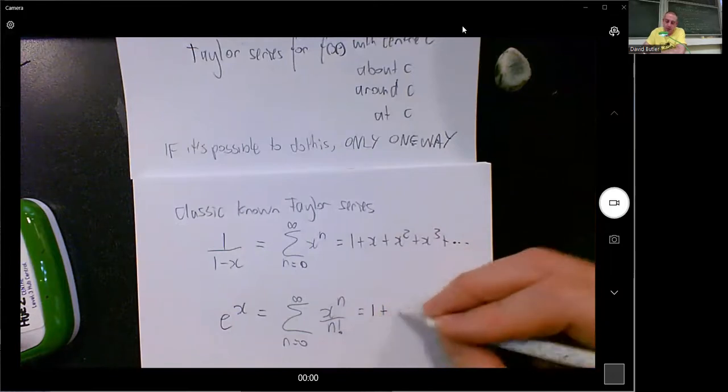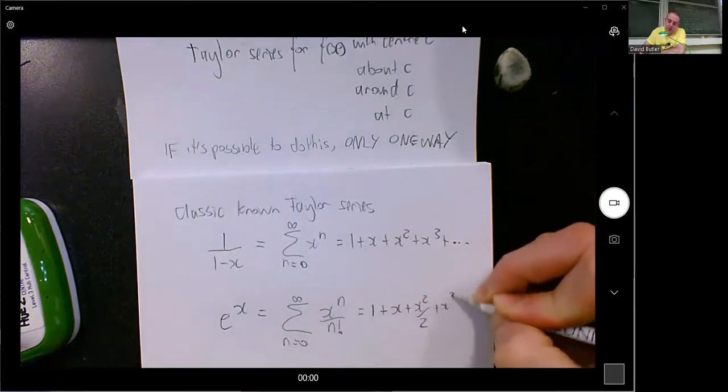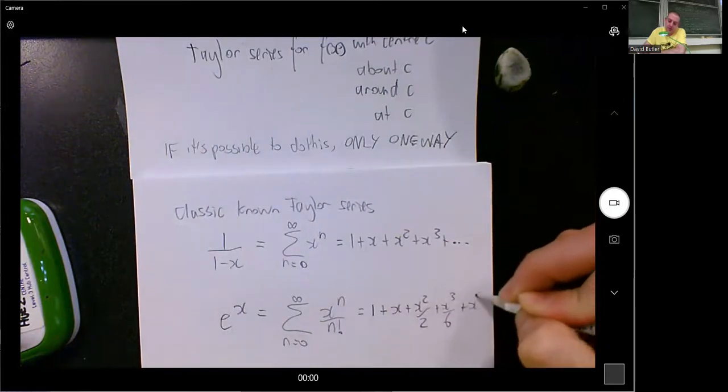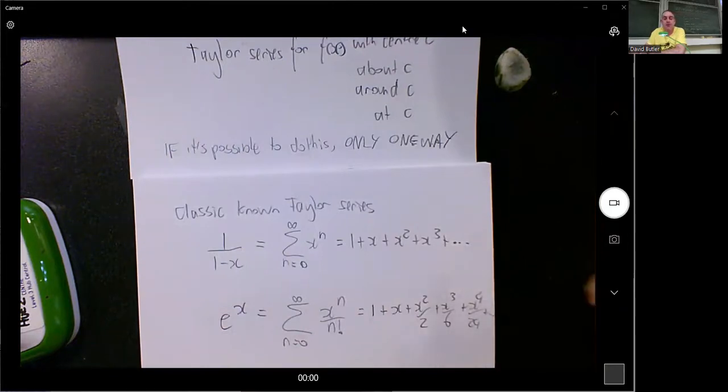X to the 1 divided by 1 factorial is x. You'll get x squared on 2, you'll get x cubed on 6, you'll get x to the 4 on 24, plus forever. These are the two classic Taylor series that you're just supposed to know. Don't have to prove them, they just are.